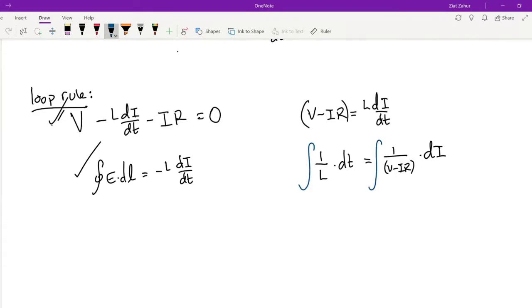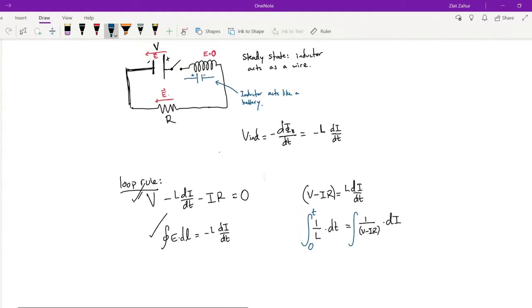We also need bounds. Don't forget your bounds. What are my boundary conditions? Well, we'll start at 0 time, and then we'll go on to t amount of time. Now, what about my di? Well, at 0 time, what's my current?